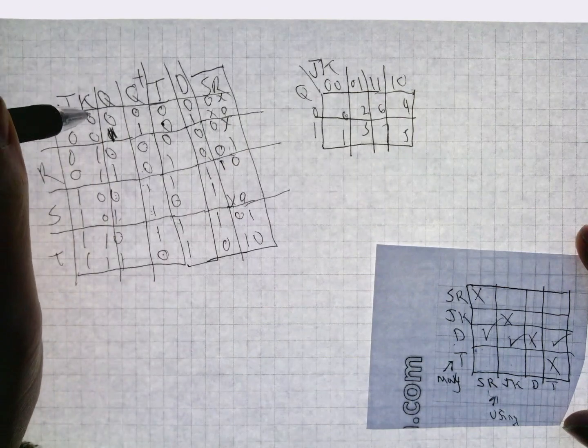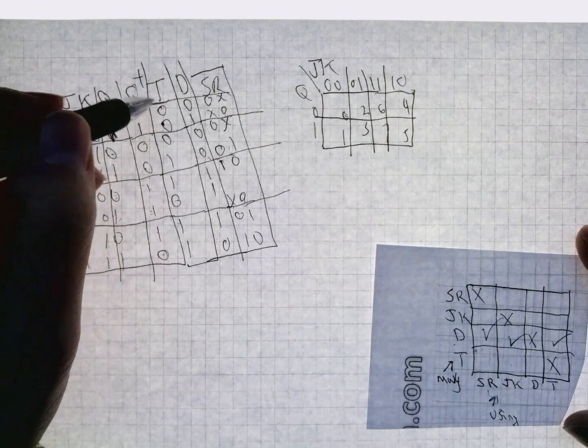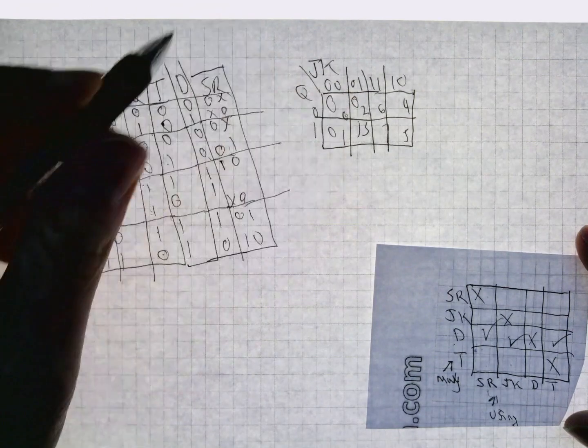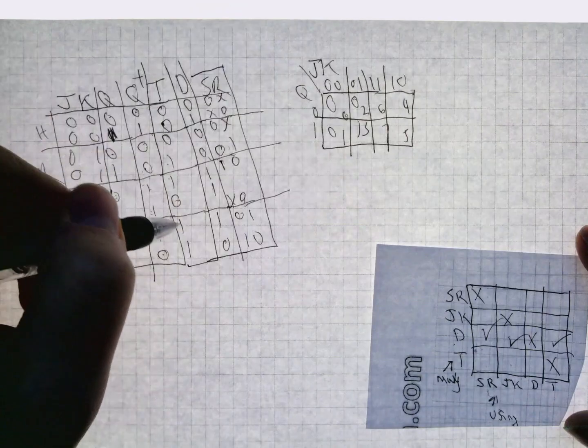And now when I go through and try and write out something like T, it's 0, 0, 0, 1, 1, 0, 1, 1.